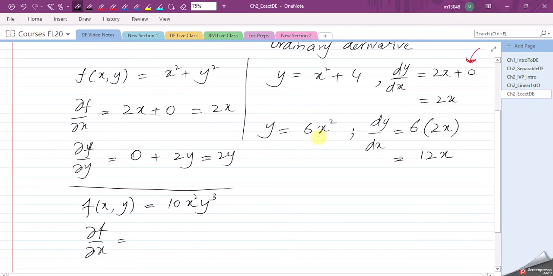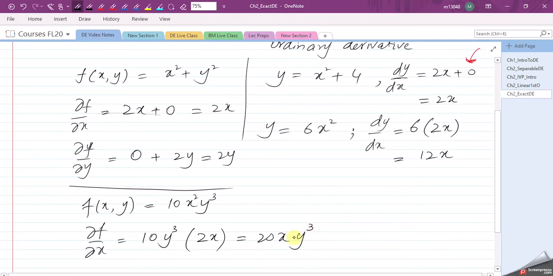So the situation is almost like this over here. y cube is a constant number, just like 6. 10 is a constant number. So only x square is the variable thing here. So 10y cube outside the bracket, just like 6 outside the bracket. And what is derivative of x square? It is 2x. So our answer is 20xy cube.